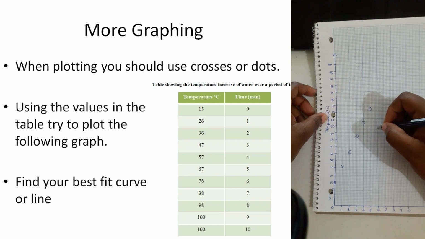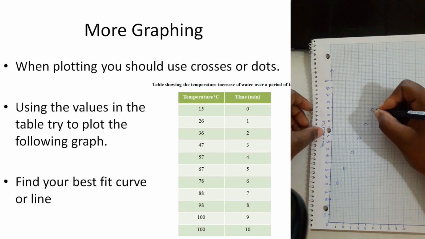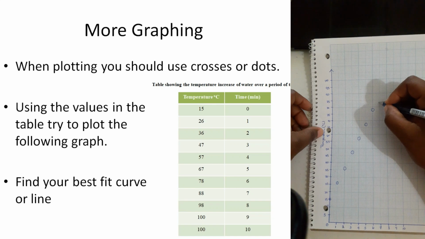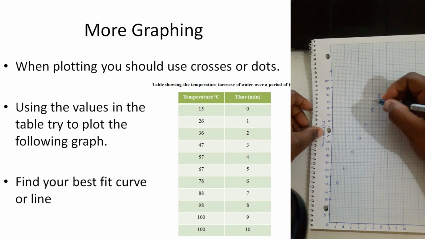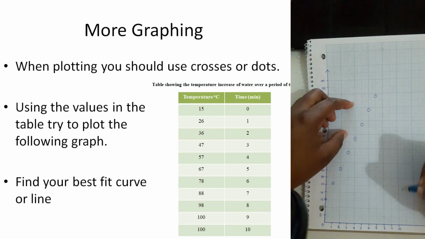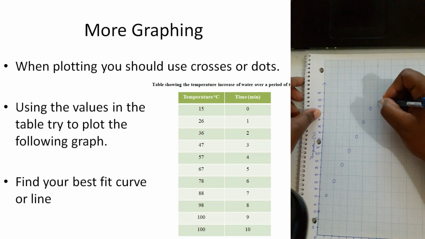When it is 6 minutes, the temperature is 78. So it must be between 75 and 80. So it's 76, 77, 78. When it is at 7 minutes, the temperature is 88. So 85, 86, 87, 88. Right, you see that? 85, and then you count up. And then when it is 8 minutes, the temperature is 98.